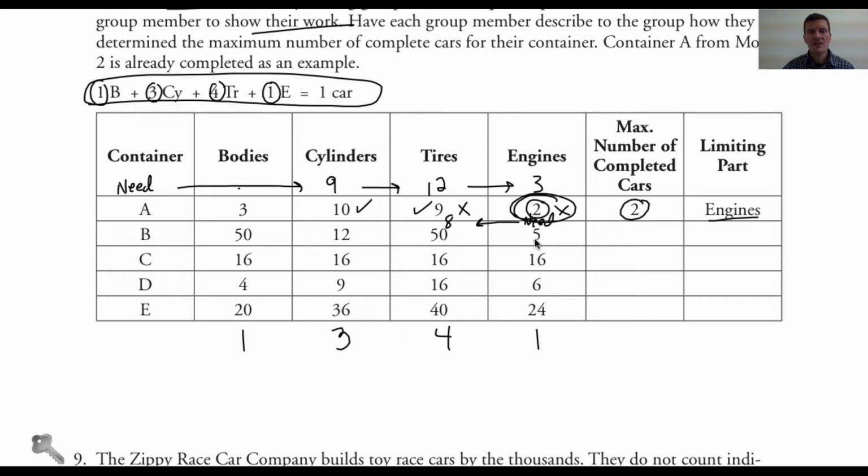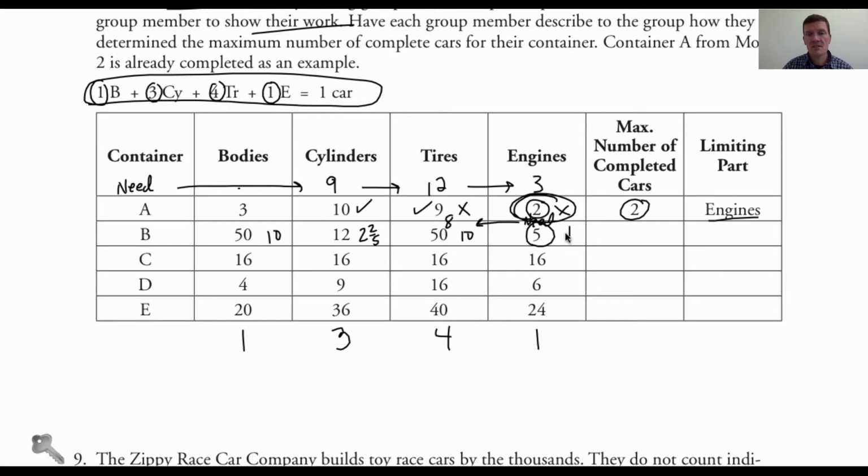In other words, you take the smallest number, in this case 5, and let's divide everything by 5. 5 divided by 5 is 1, 50 divided by 5 is 10, 12 divided by 5, that's going to be 2 and 2/5, and 50 divided by 5 is 10.